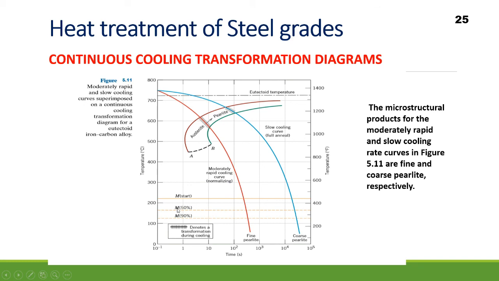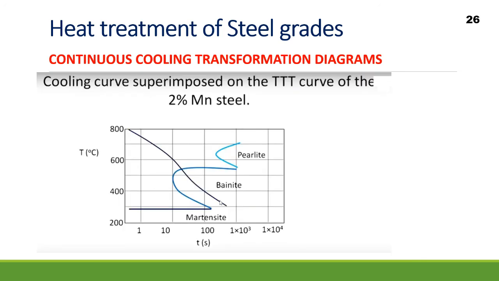We see that martensite is forming, but how? The thing about martensite is that when you cool the sample in such a way that it skips the nose, in such a case martensite can form, and this is all about your continuous cooling transformation diagram.